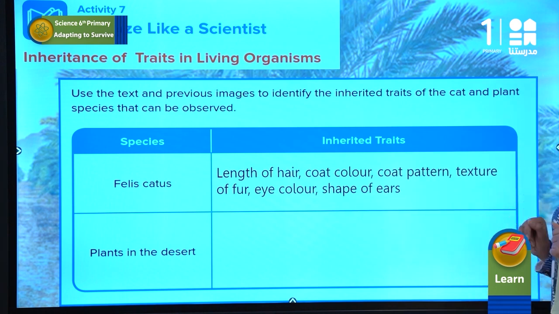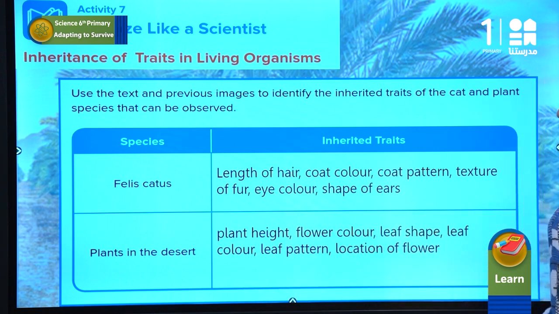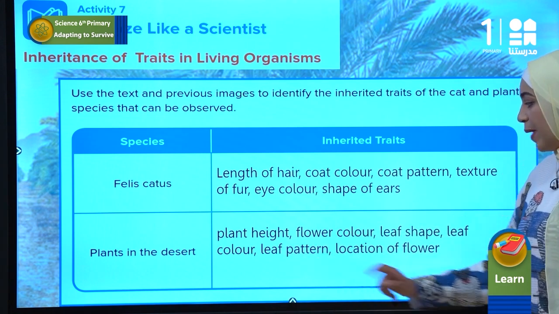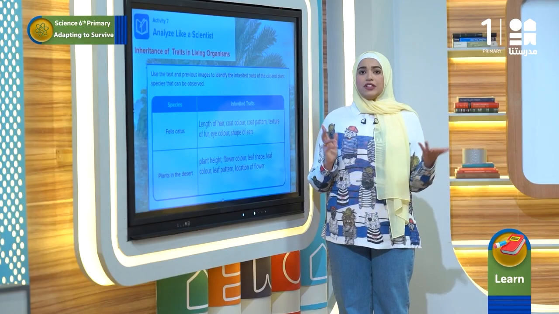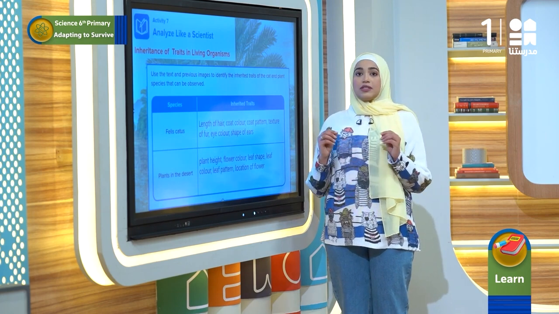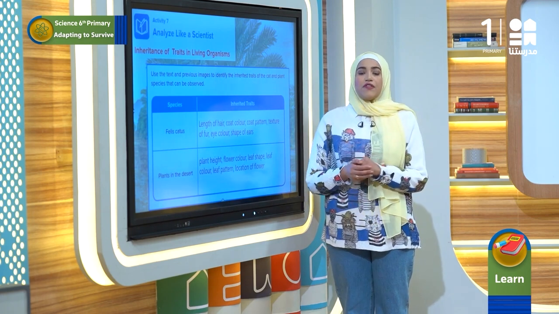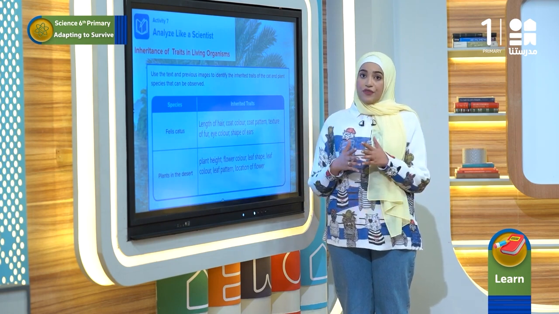And as for the plants in the desert, I recorded plant height, flower color, leaf shape, leaf color, leaf pattern, location of flower. Now, we understand the role that inherited traits play when they are transmitted to the future generations of the same species to adapt within the ecosystem and survive.